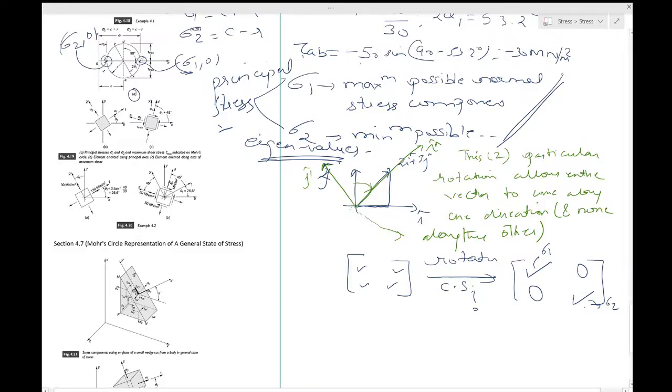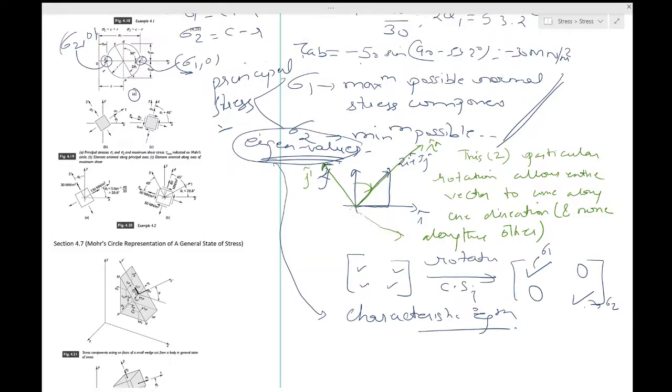So this is the same as your eigenvalue problem which you had studied in your linear algebra course. You should definitely go back and see the theory behind it. There is something called a characteristic equation, and then you have eigenvalues and eigenvectors. So sigma 1 is the eigenvalue. Sigma 1 and sigma 2 are the principal values.